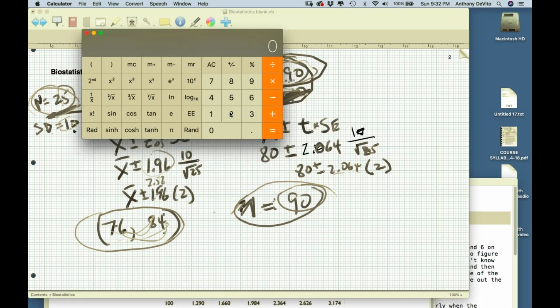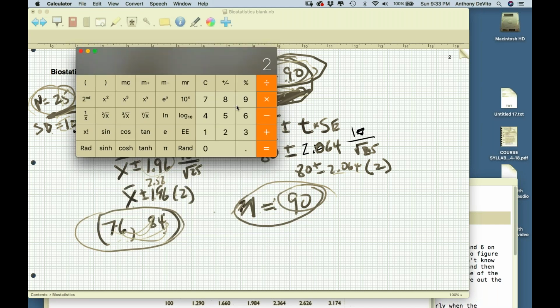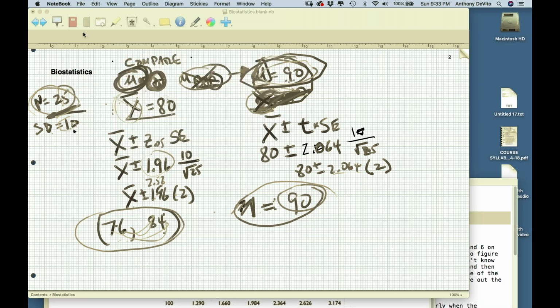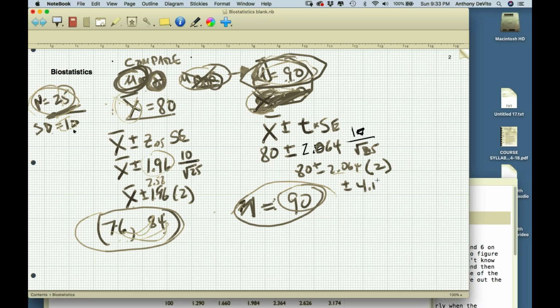Okay, so our margin of error is going to be equal to 2.064 times 2, which is 4.13. Right? So our margin of error is 4.13.